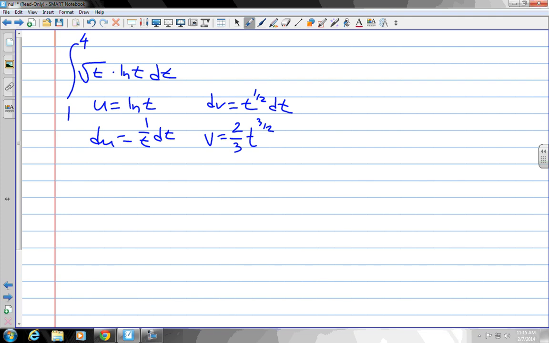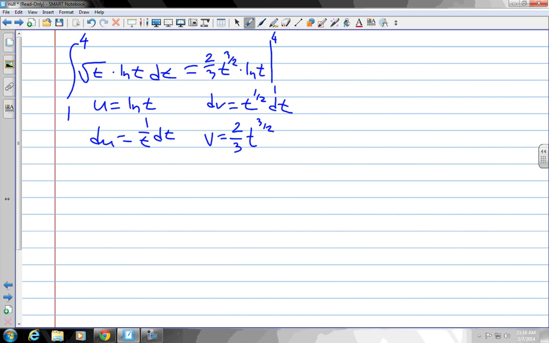Is that okay? So uv is 2/3 t to the 3/2 times natural log of t. Remember, that's a definite integral, so that thing is still evaluated from 1 to 4.